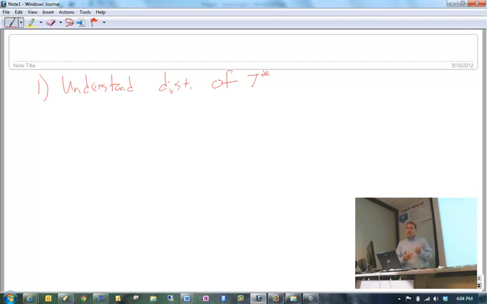But since there's just so many different combinations of the data, it's usually impossible in most applications to actually get the actual distribution of T star. But if you do get that, then you can find the exact value of the expected value star T star, and also the exact value of the variance star T star as well. Just from using basic definitions of what a probability distribution is.